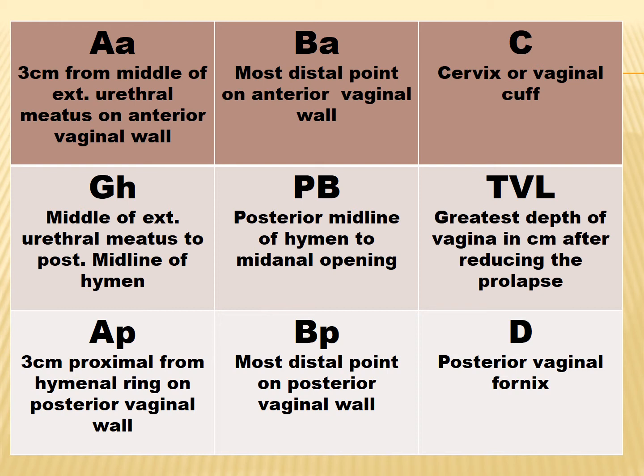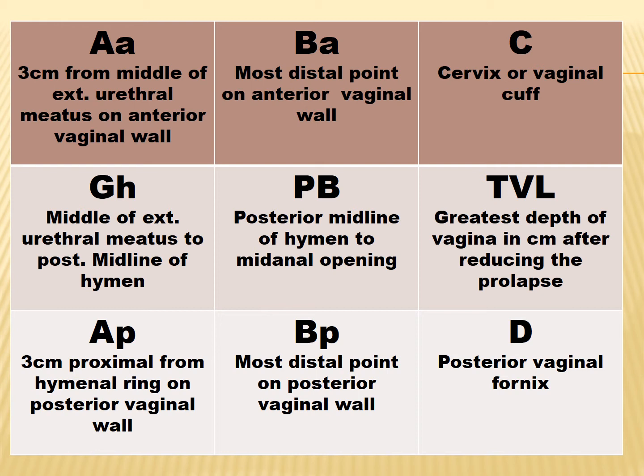Capital A and small a, that is point AA. Point A, how are you going to measure that? From the middle of the external urethral meatus, mark 3 centimeters on the anterior vaginal wall.